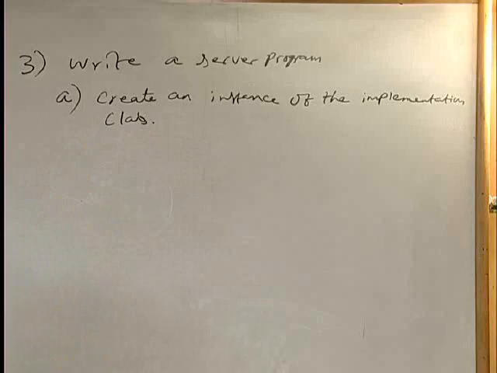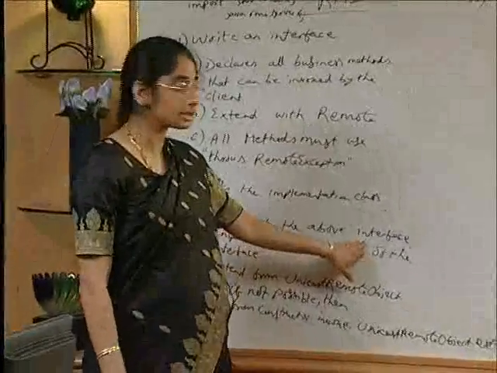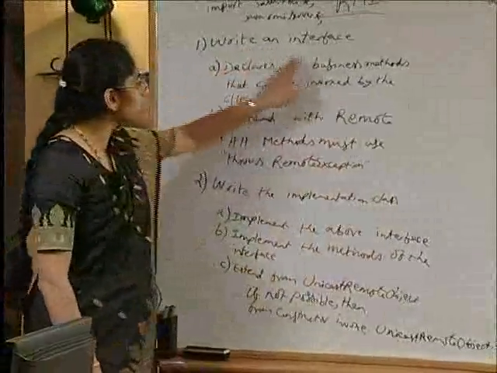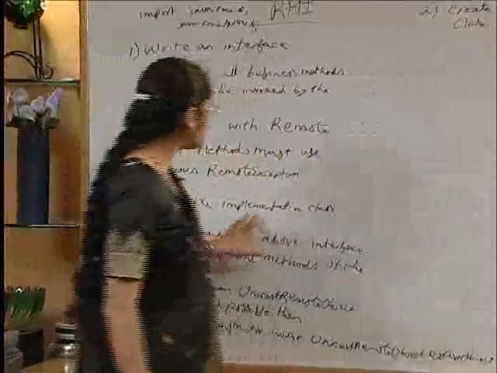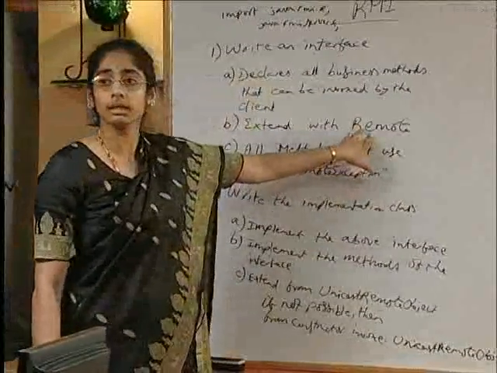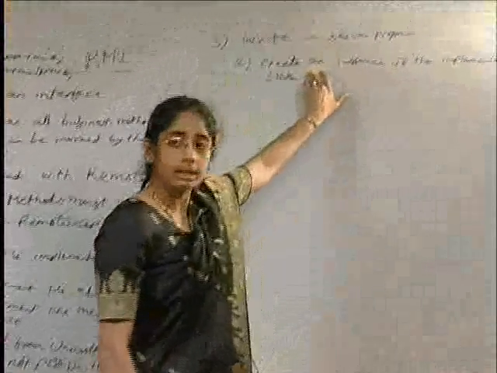When I create an instance of the implementation class, since it is implementing an interface and the interface is extending Remote, an object of the implementation class is also a remote object. So what you have created here is a remote object.